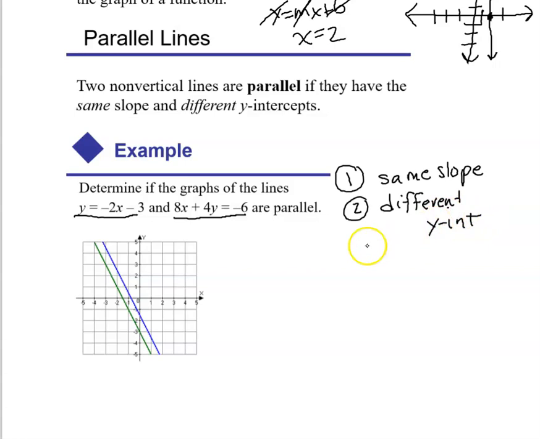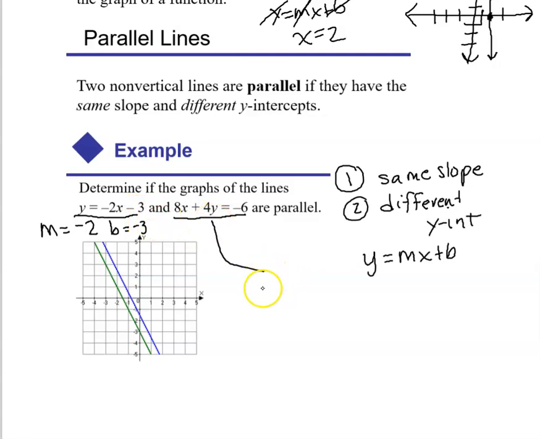y-intercepts. Well, the only real way that we've talked about how to figure out what the slope and the y-intercept is is to solve it for y equals mx plus b. Well, the first equation is in the form y equals mx plus b. We can tell that our slope is negative 2 here, and that our y-intercept crosses the y-axis at negative 3.